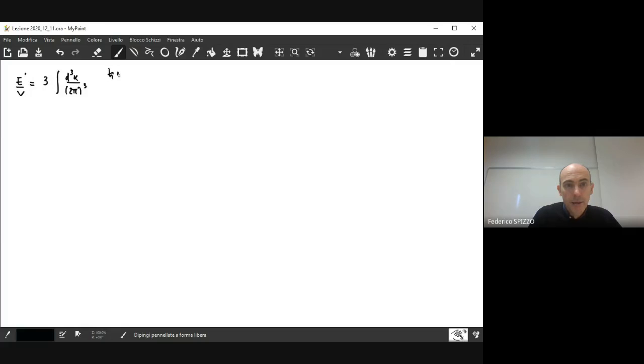Then we have h bar omega of k, divided by the exponential of h bar omega of k over k_B T minus 1. This was the expression when we made the substitution of omega of k: we replaced omega of k with just c times k, and this was one of the Debye approximations.